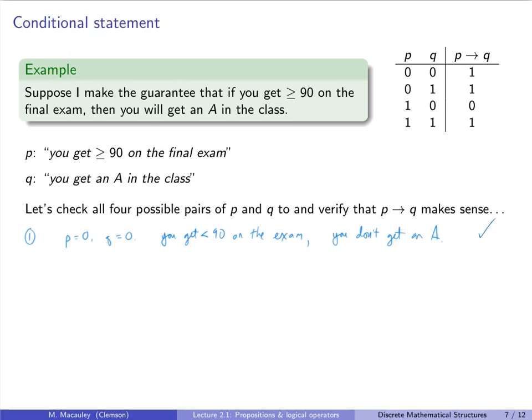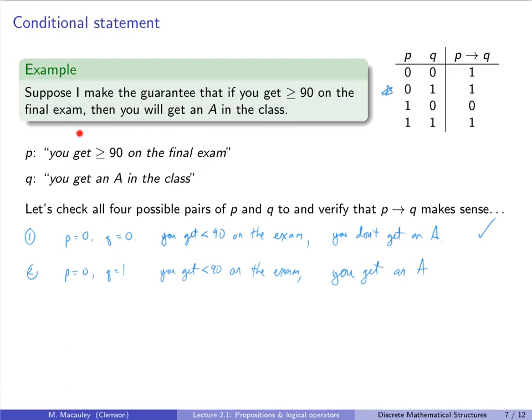The second example, or the second row in the truth table, this one right here, P equals 0, Q equals 1. Here, you get less than 90 on the exam, but for some reason, you get an A. You know, maybe you got an 89 on the exam, and maybe you had a really high homework score.